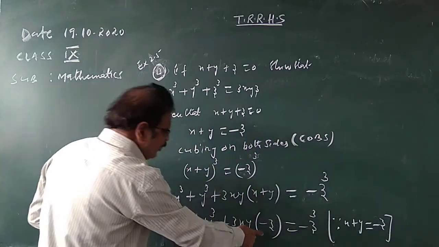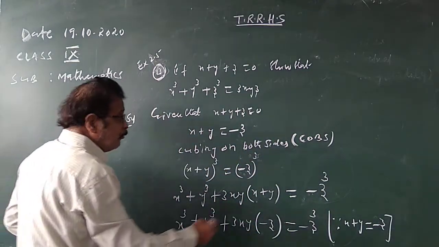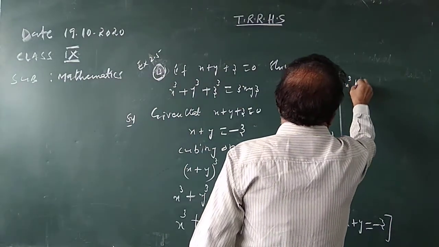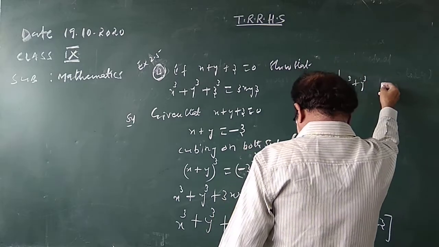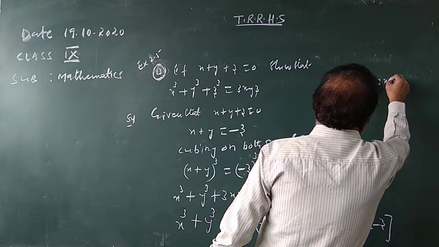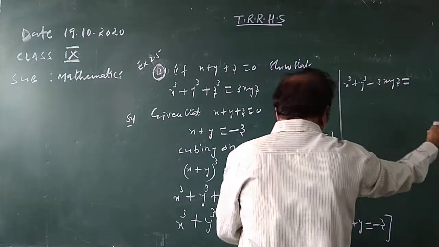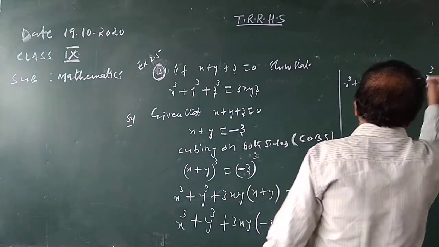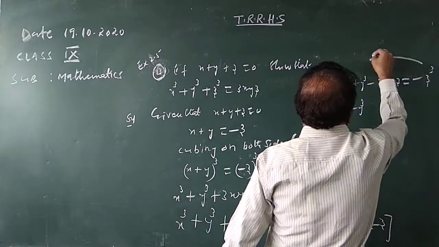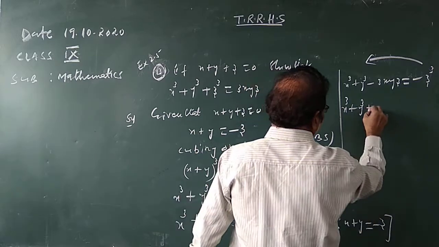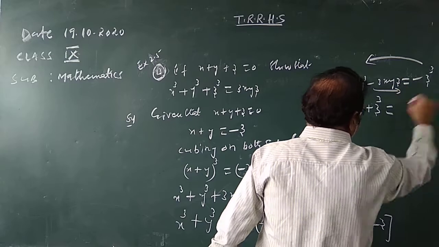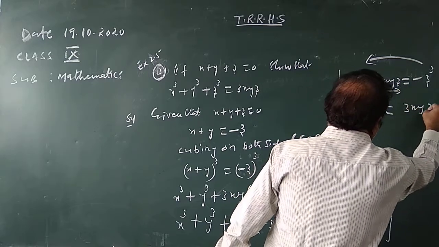Now x cube plus y cube minus 3xyz is equal to minus z cube. Shift it to the left side, it becomes plus z cube, equal to minus 3xyz, which becomes 3xyz.